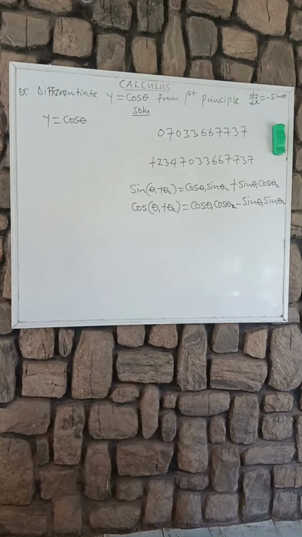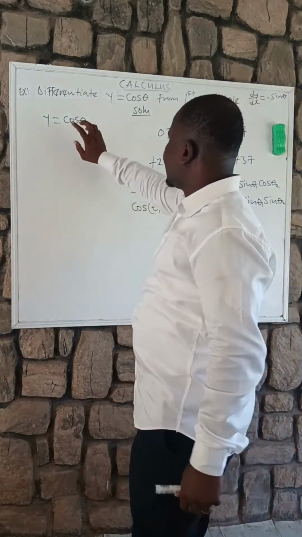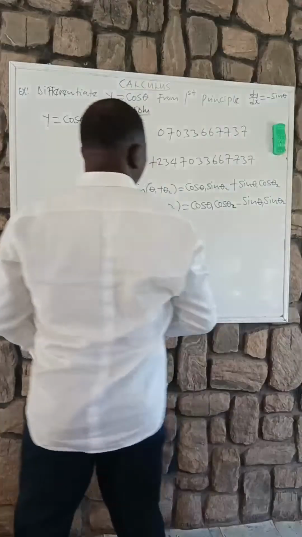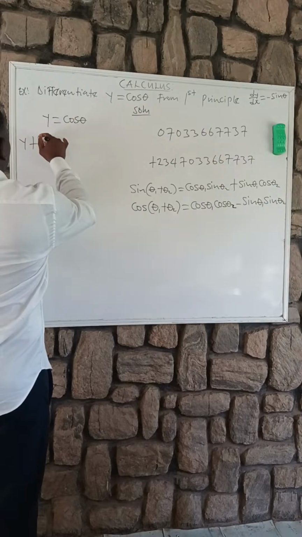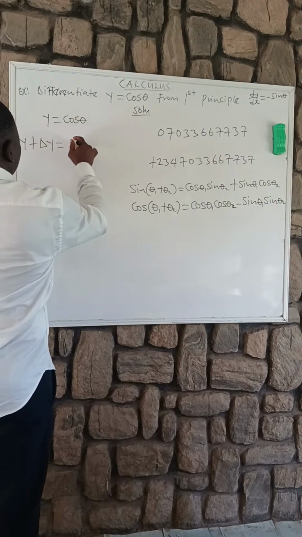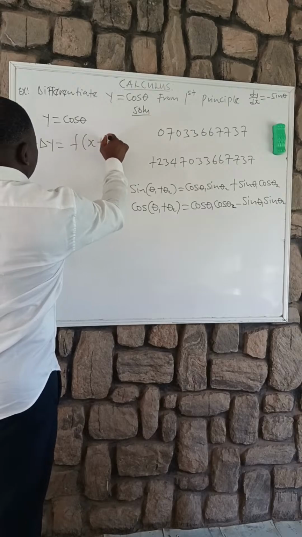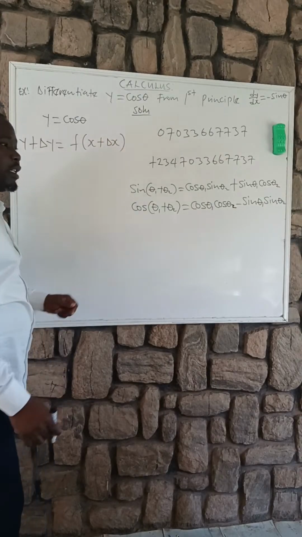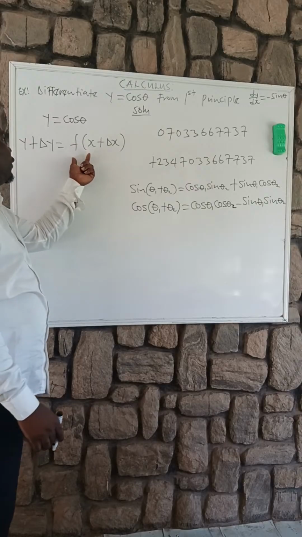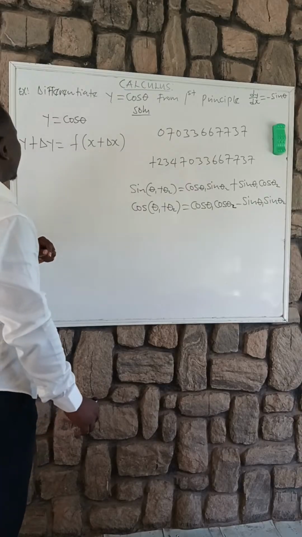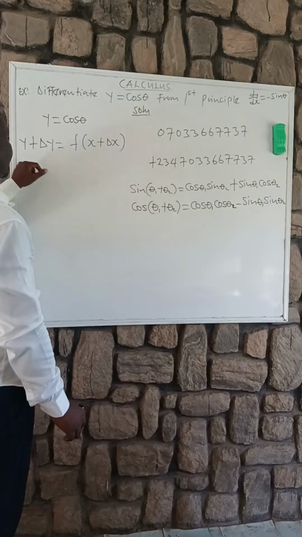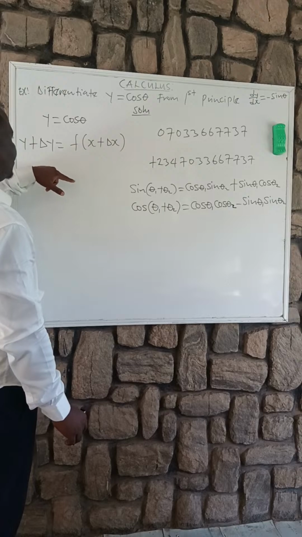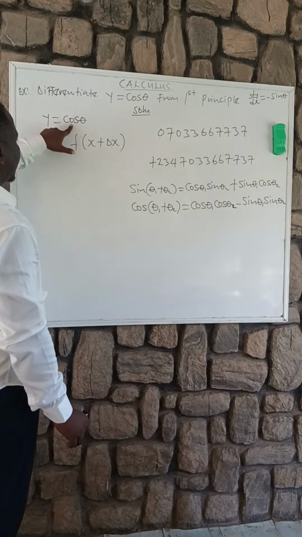Yeah. Are you following? So let us solve this here. If you can see what I am saying, let's come back with the formula. y plus dy is equal to f of x plus dx, all in brackets. This is the formula for first principle. So far so good. What we need to do here is compare this cos and this.